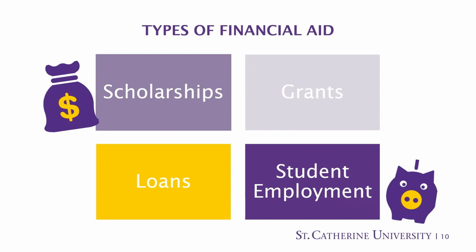Loans are in their own category. This is money that you borrow from either the government, bank, or other organization to pay for college. The key word here is borrow, so loans do have to be paid back at some point. Lastly, student employment, also known as work study, are jobs offered to students so that they can earn money to help them pay for college while attending classes.